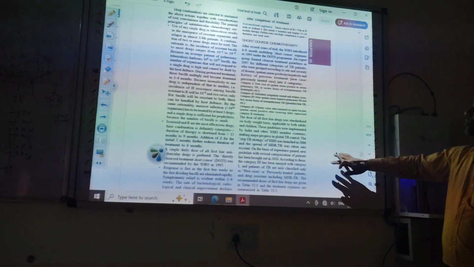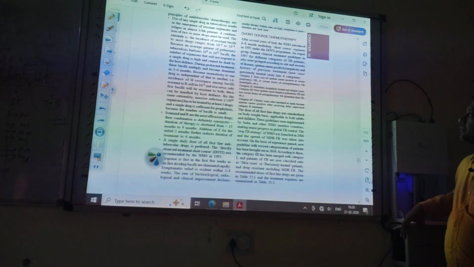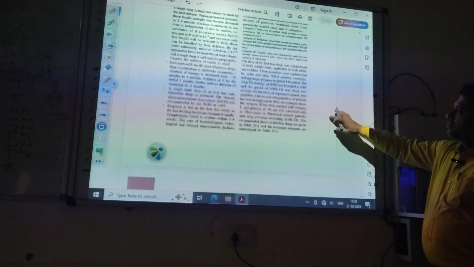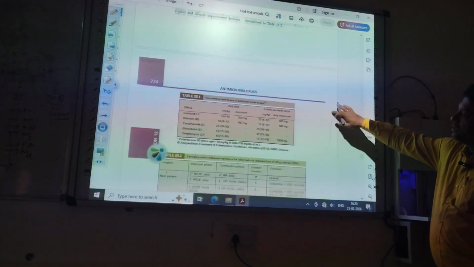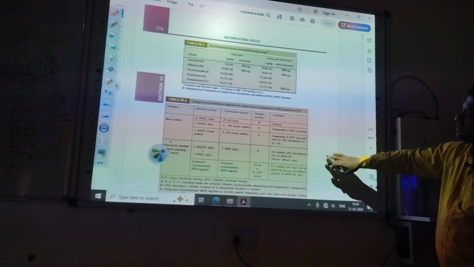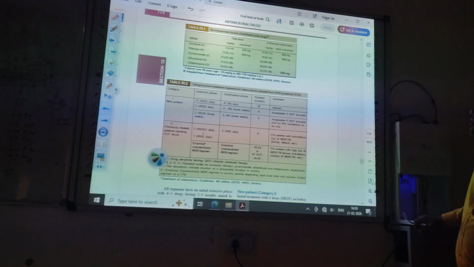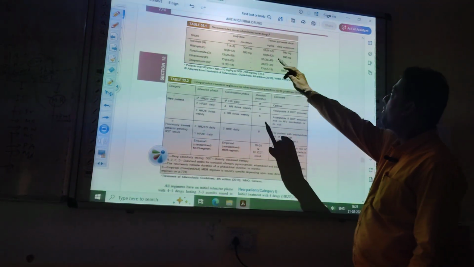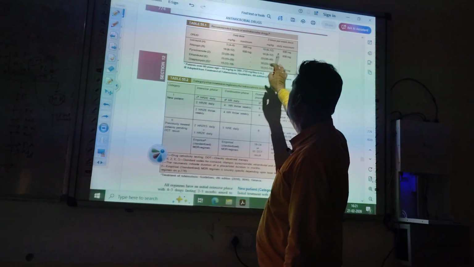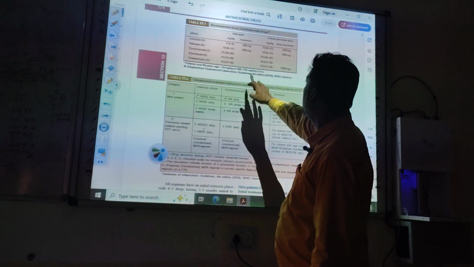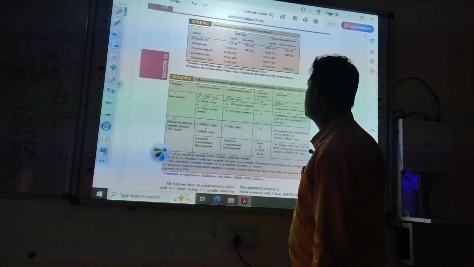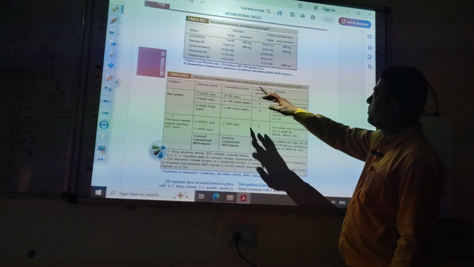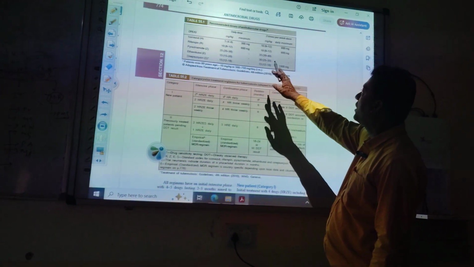Previously treated cases are divided into 4 categories. The 6 month regimens are there. Recommended doses of antitubercular drugs: patients over 60 years of age, 10 milligram per kg. These are the treatment of tuberculosis guidelines, 4th edition.